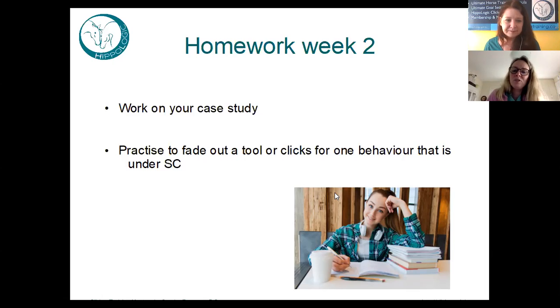Yes. I think maybe practicing sending her away from me will make it easier for her to also keep a distance at the circle, maybe? Yeah, because she knows good things happen even at a distance. Exactly. And then you can click for walking away from you.